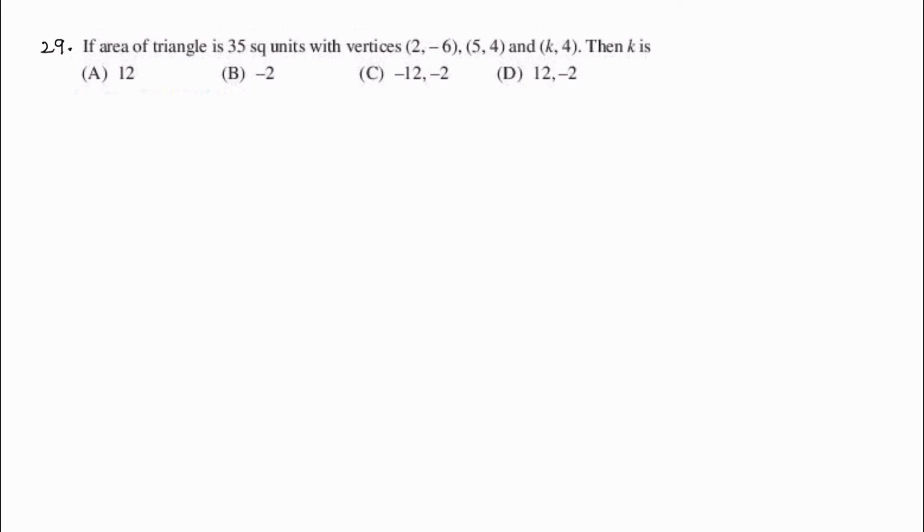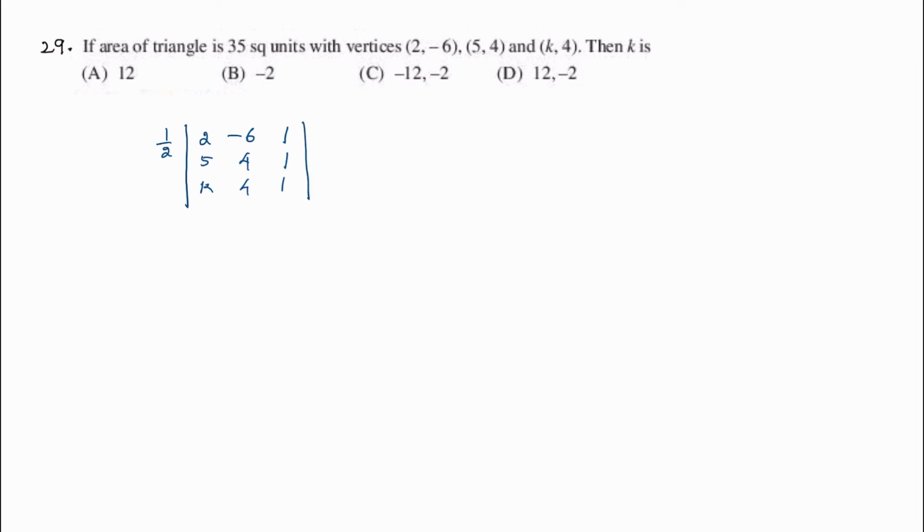Question 29. If area of triangle is 35 square units with vertices 2, minus 6, 5, 4 and k, 4, then k is. The area of the triangle formula is half into the determinant with rows x1, y1, 1, x2, y2, 1, x3, y3, 1.